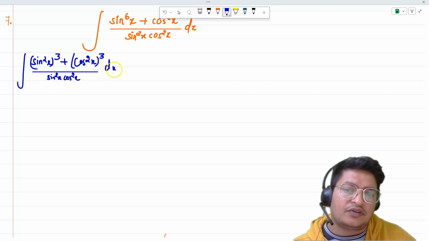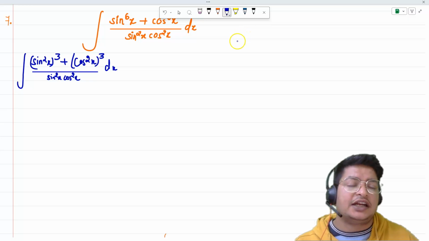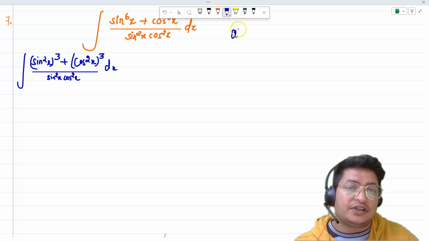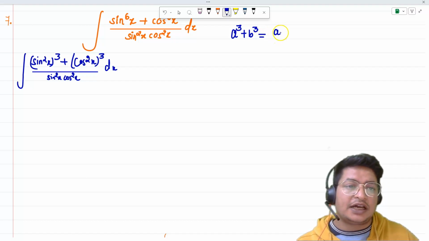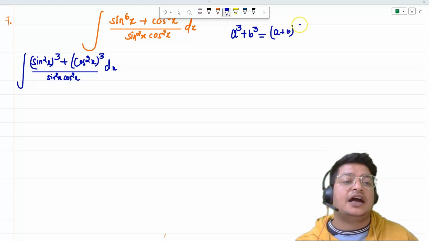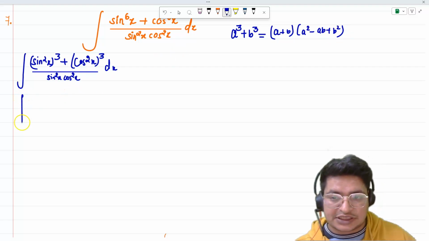Now what we can do with (sin^2 x)^3 and (cos^2 x)^3? Here we will use a basic and important algebraic identity, which is a^3 + b^3 = (a + b)(a^2 - ab + b^2). So we will use the same thing here.